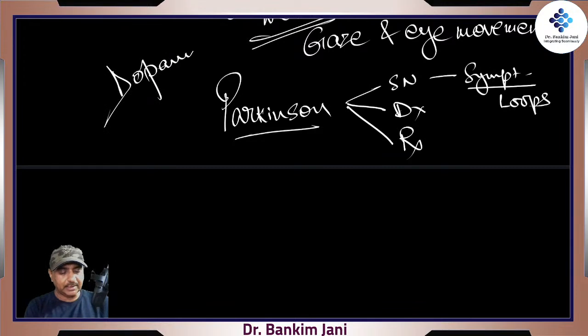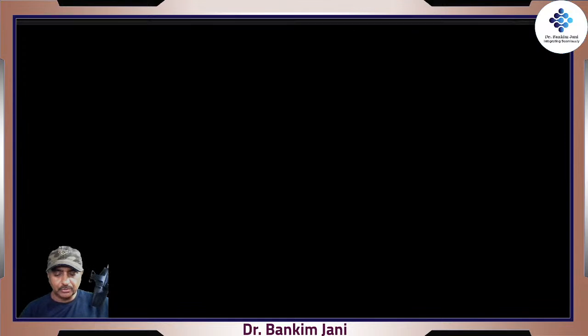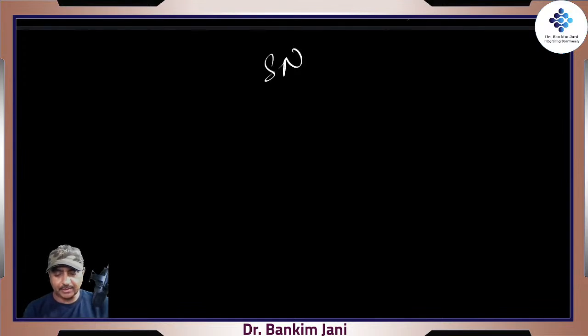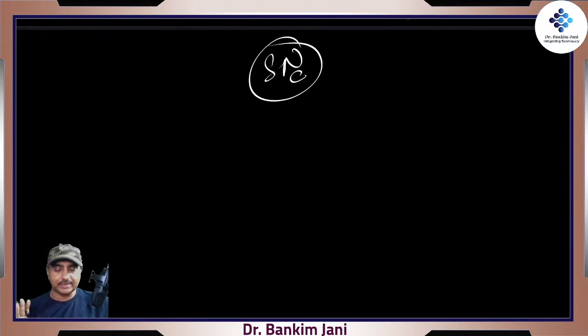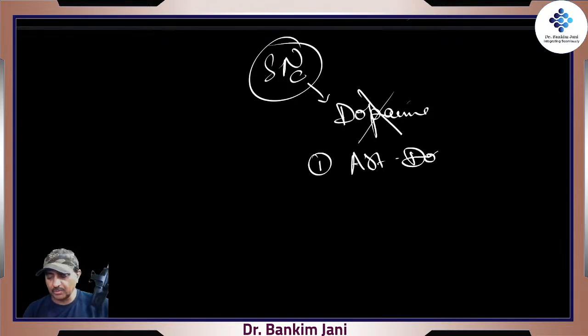When the substantia nigra, to be specific the pars compacta, is affected, the dopamine is gone. If the dopamine is gone, what do you give in the treatment? Artificial dopamine. So you give that artificial dopamine.